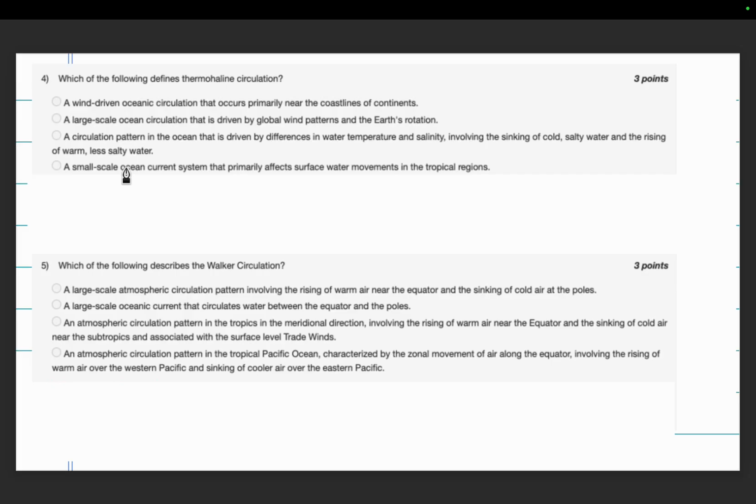A circulation pattern that is defined by the difference in the water temperature and the salinity, the main two properties, involving the sinking of cold salty water and the rising of warm less salty water. And a small scale ocean current system that primarily affects surface water movement in the tropical regions.